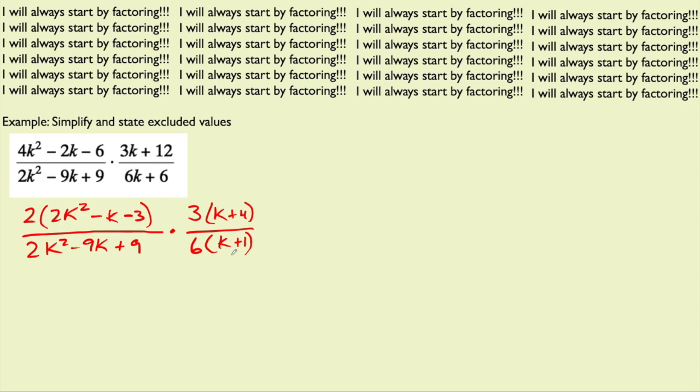Okay, so now I have to factor these trinomials. Let's see what we get here. We get 2k minus 3 and k plus 1, I believe. It factors to that.